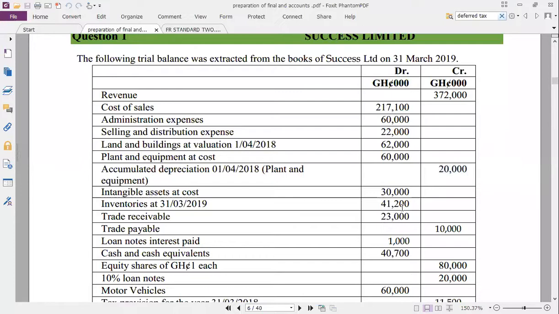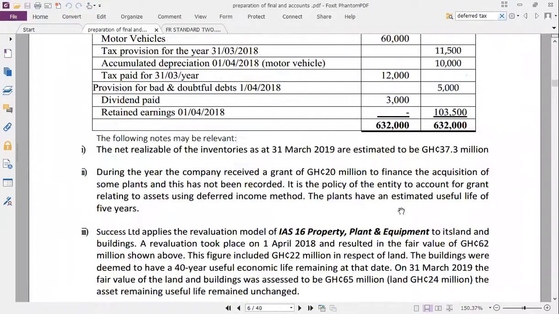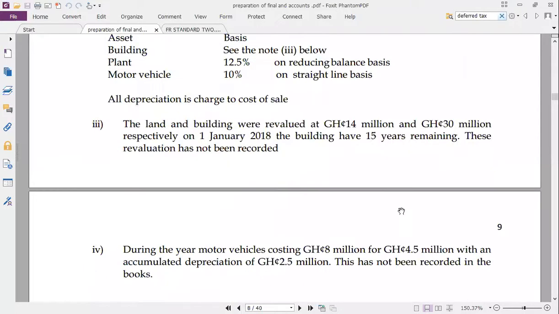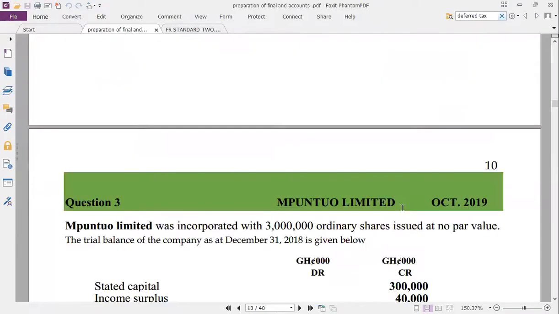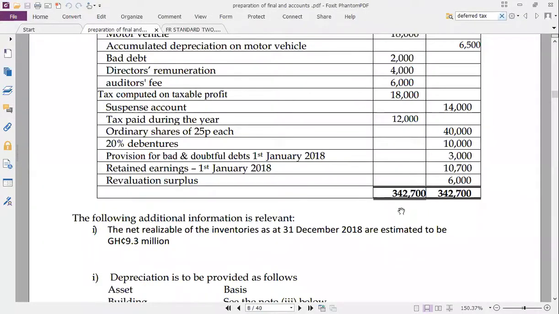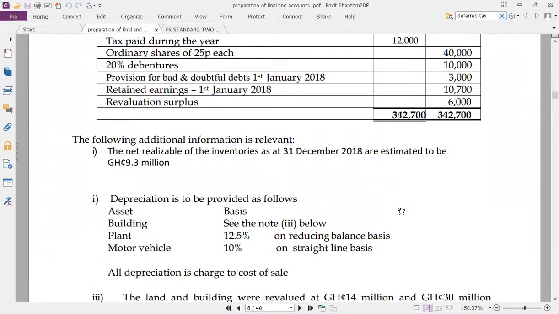Good. Now let's go to Question 2, Iwell. So we're calculating all the depreciation and the further note. That one, the examiner took his time to inform on the depreciation policy. So depreciation is to be provided as follows.